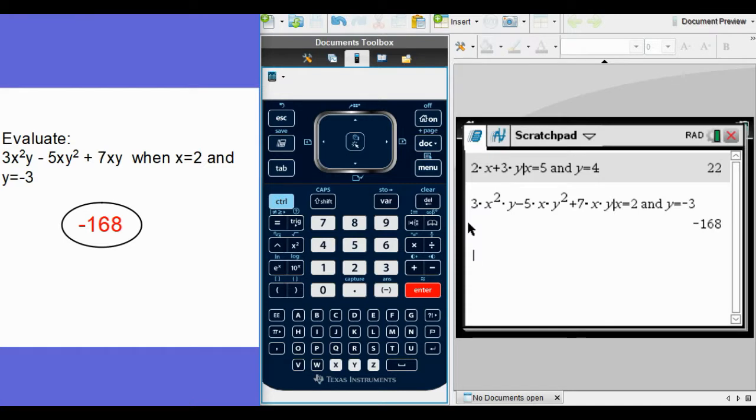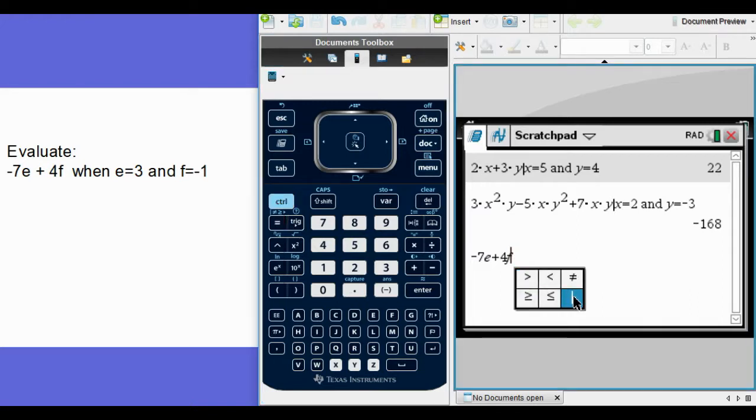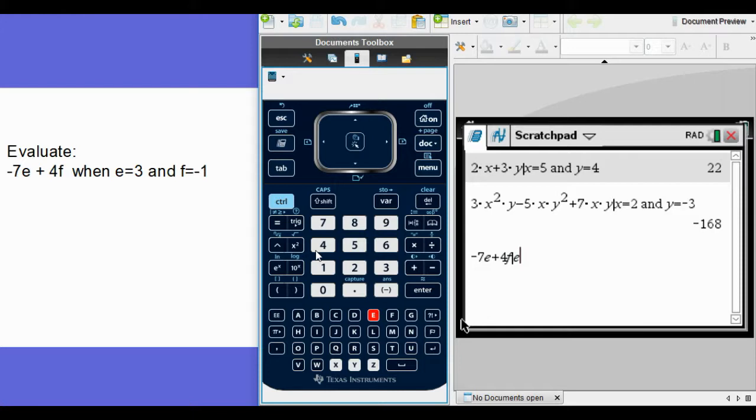Well, we know it works for x and y. Does it work for other letters? Well, let's try it out. So we got -7e plus 4f, and then such that e is equal to 3, and f is equal to -1.